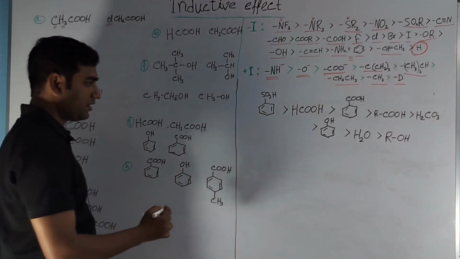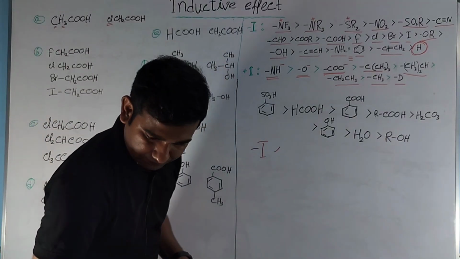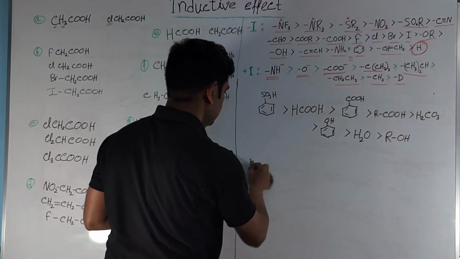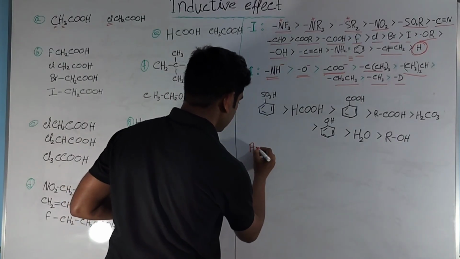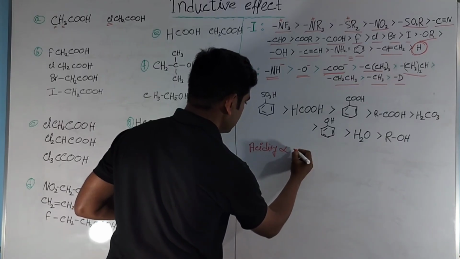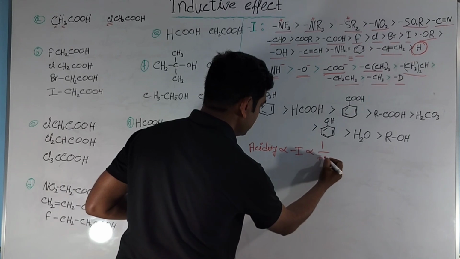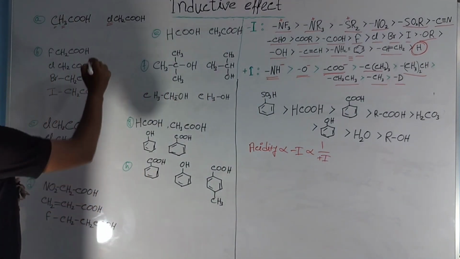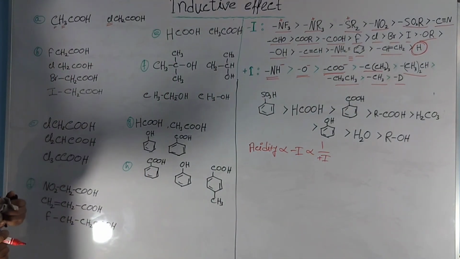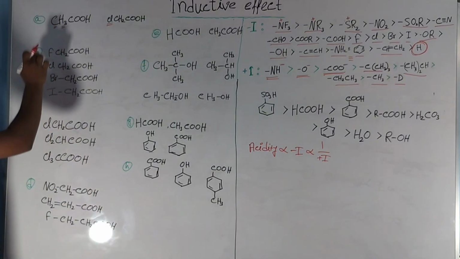Acidity is directly proportional to minus I, inversely proportional to plus I. So chlorine's electron withdrawing power is higher compared to hydrogen.